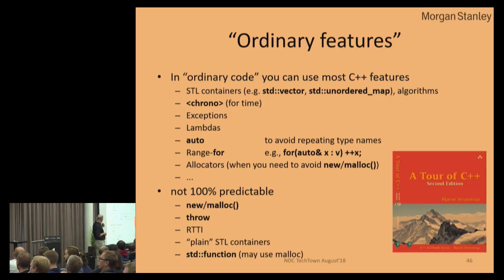And if you have to do anything that's really critical, you have to look at the things that are not predictable, in the sense that you can't guarantee they run in a fixed, usually short, constant time: new or malloc, throw, runtime type identification. STL containers use new when you grow them.